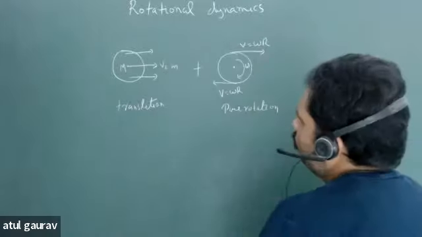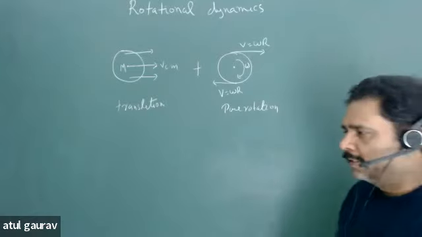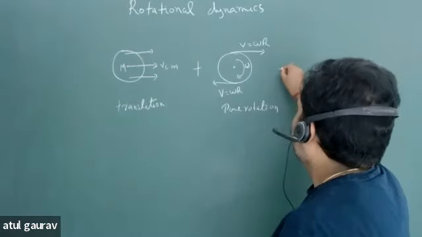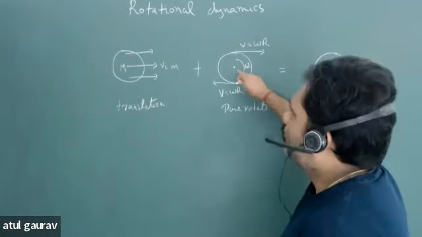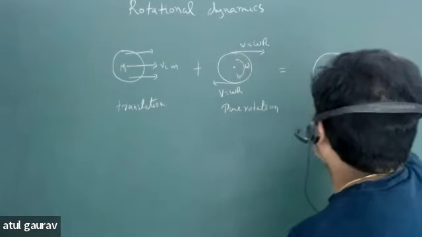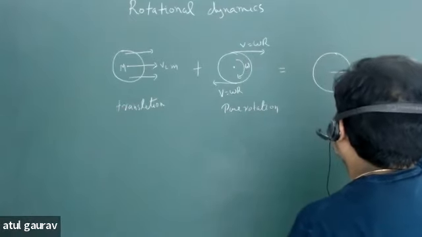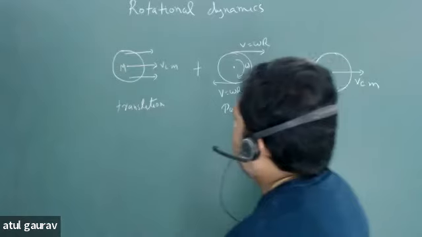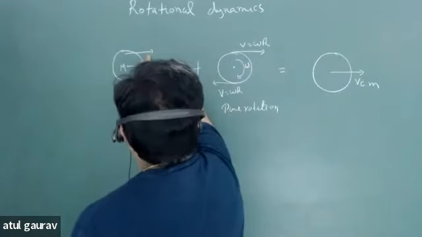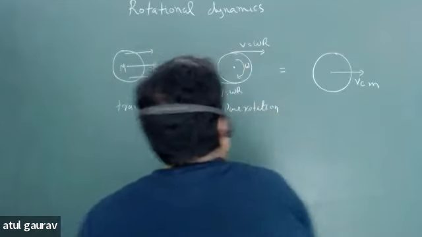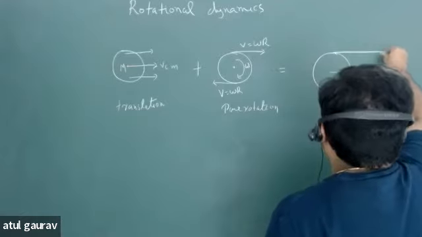Now you will try to club these two. If you club these two, then what will happen? Now you can see this point is moving with the velocity of the center of mass, and this point will move with the velocity of the center of mass plus omega r, so it will be some bigger vector.